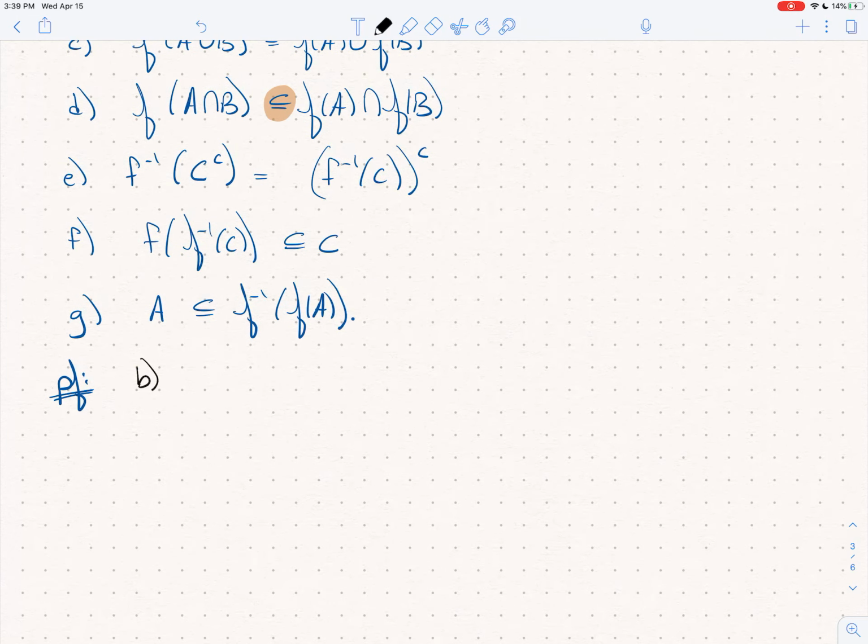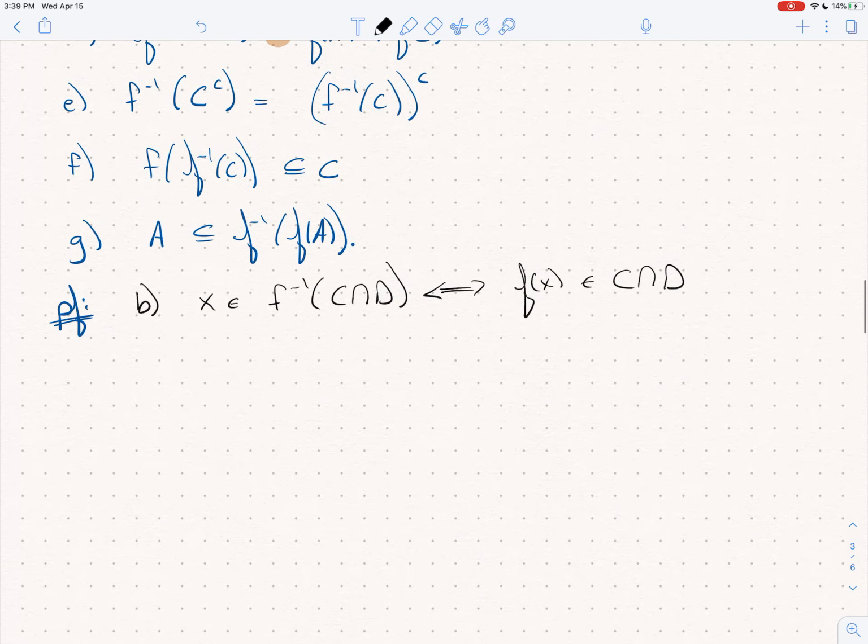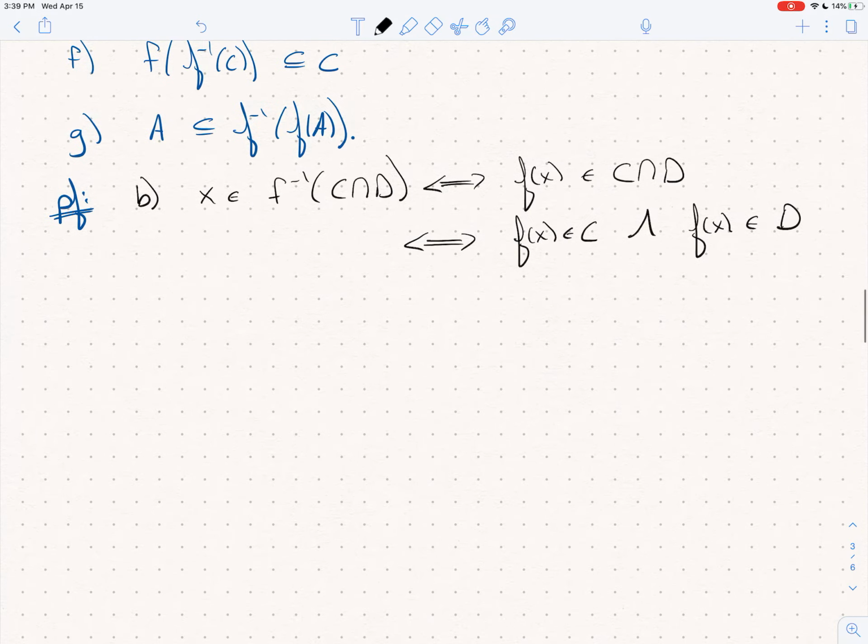For part B, let's just realize that X is in the preimage of C intersect D if and only if F of X is in C intersect D. That's what it means to be in the preimage. Well, F of X is in C intersect D if and only if F of X is in C and F of X is in D. That's what it means to be in the intersection.